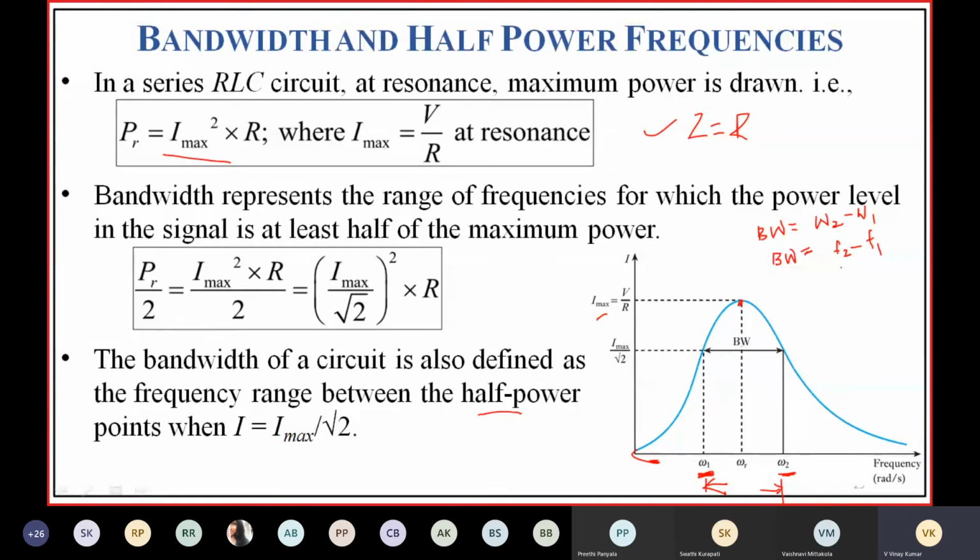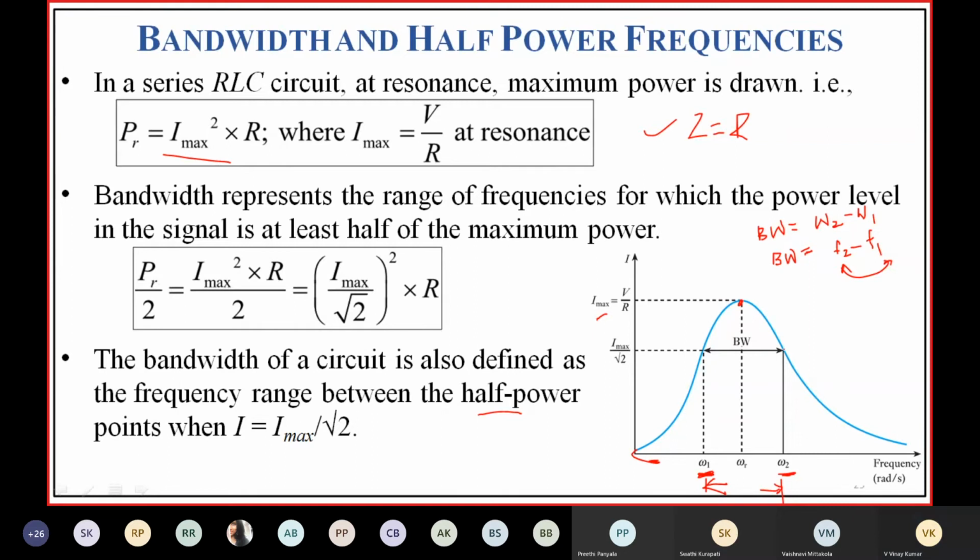The difference between the upper cutoff frequency and the lower cutoff frequency is called bandwidth.